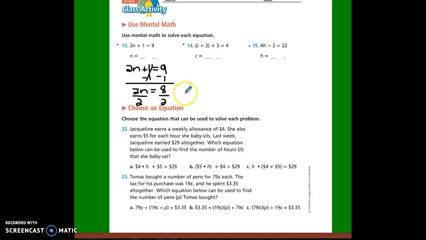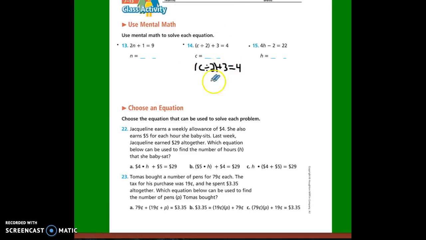And when I do that, I can cross the 2's off, got to leave my n. And I say n equals 8 divided by 2, which is 4. Now again, you should go back and try it. So if I plug 4 in, 2 times 4, I get 8, plus 1 equals 9. It worked. All right, let's go ahead and try the next one.